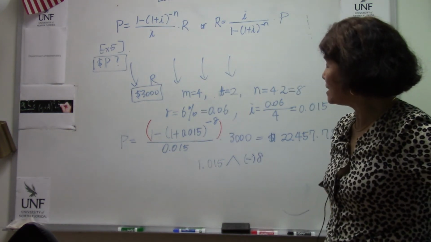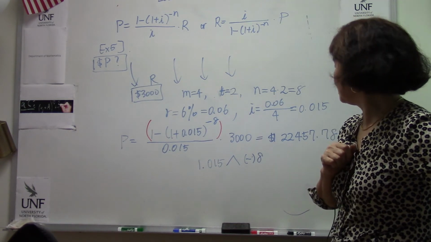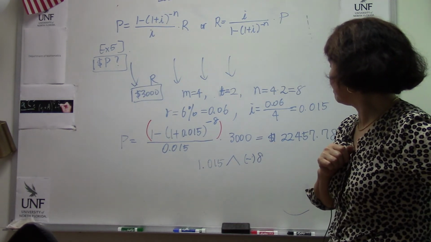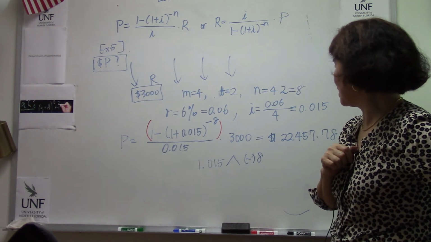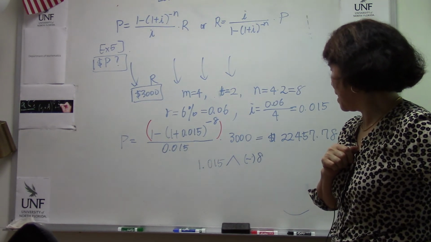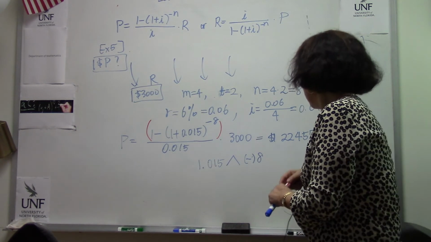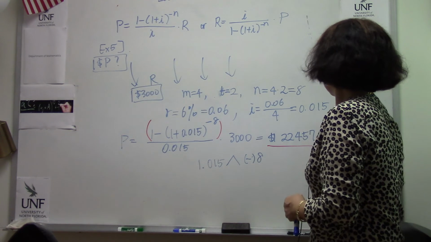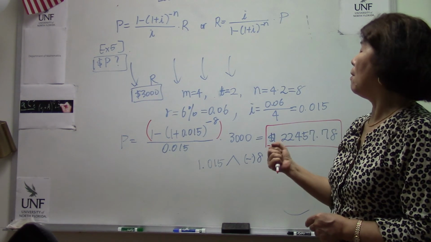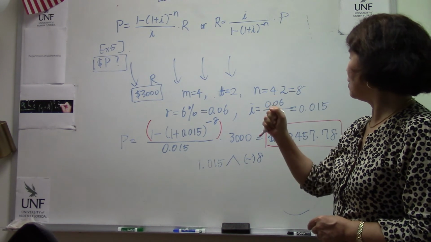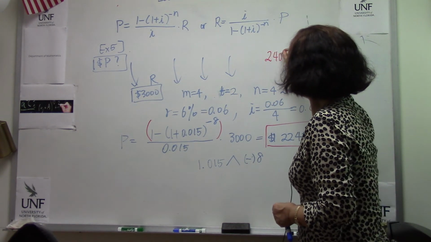Well, in this case, how much interest would you earn here? There are too many numbers here, and it may confuse you a little bit. But altogether, this much money you put in the bank. How much money do you withdraw altogether? $3,000, 8 times, so altogether $24,000.